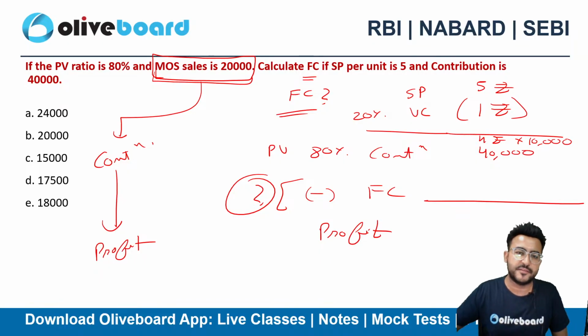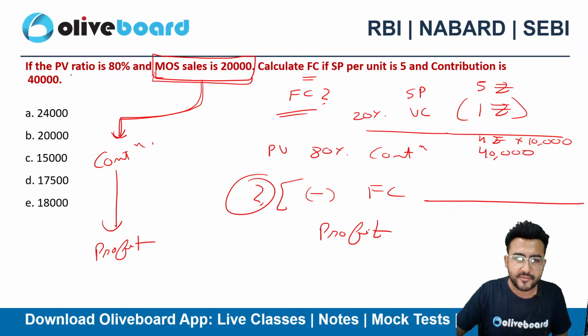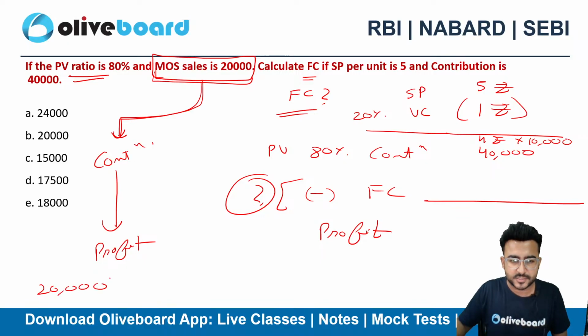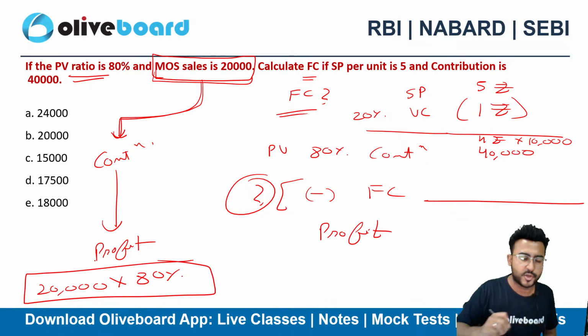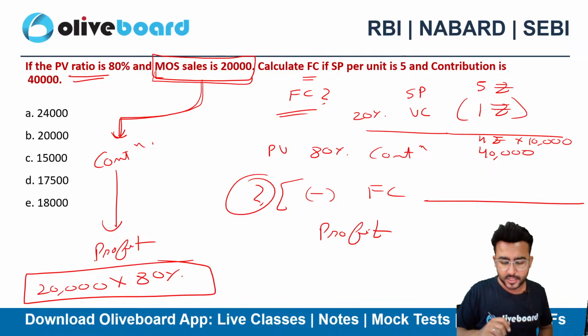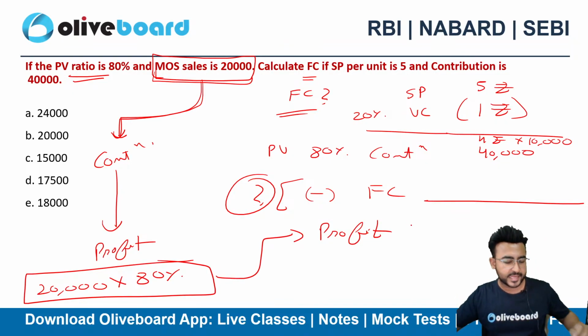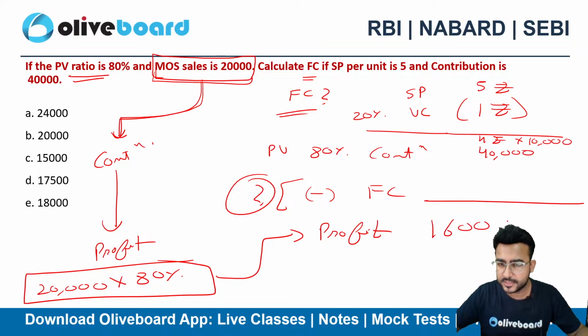So whatever contribution the margin of safety sales is bringing, it is directly contributing to profit. We have PV ratio, we have margin of safety, 20,000 rupees multiplied by 80% PV ratio. So I'm getting 80% contribution from 20,000 sales, which will directly contribute towards my profit only. So in this way I can ascertain my profit, 16,000.